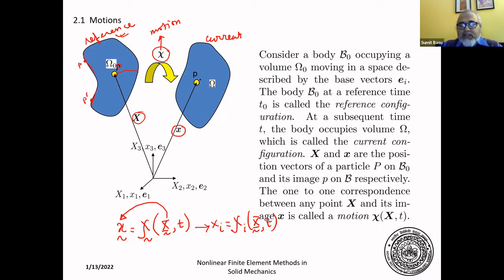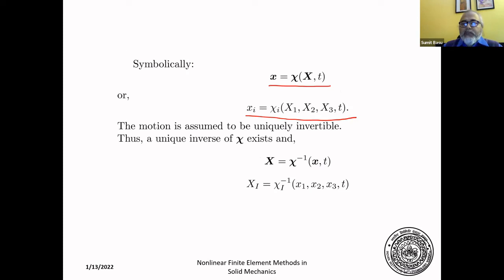So that will also imply that for every small p, there is one and only one capital P, which means that this motion as a mathematical mapping is also invertible. So this is the motion, and this is the inverse of the motion.